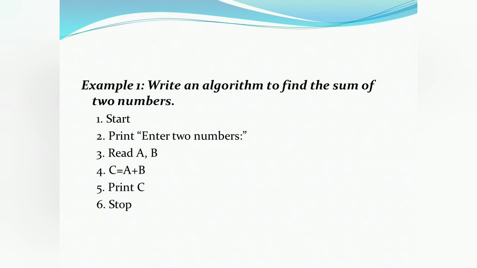Then after getting the input, we have to process it. Here add two numbers and assign the result to the variable c. And in the fifth step, the result is to be displayed on the screen. So here the print statement is used, and finally the stop statement is used to terminate the algorithm. This is the simple algorithm to find the sum of two numbers.